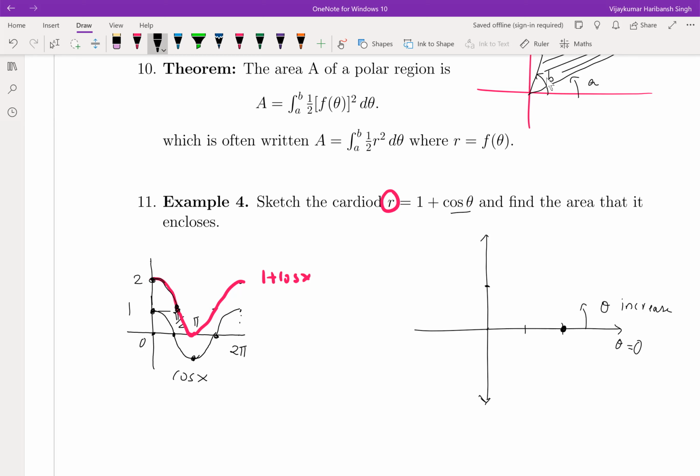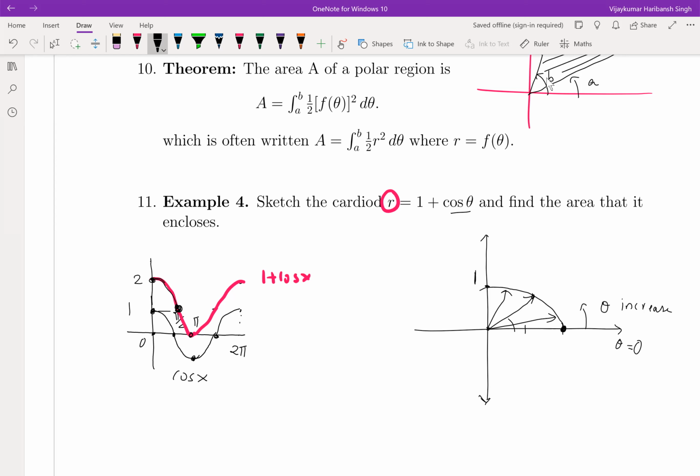You're measuring r as the distance from the origin, right? So these are the representative points. As you keep changing the angle, you get points, and at pi by 2 the value of r becomes 1. After that, the value of r still decreases until pi.